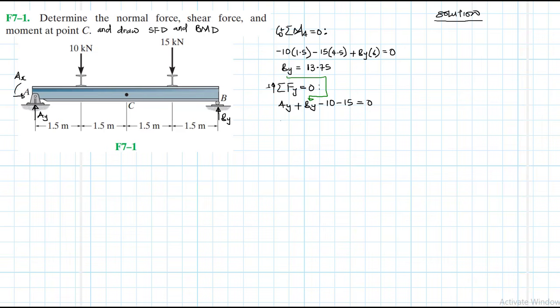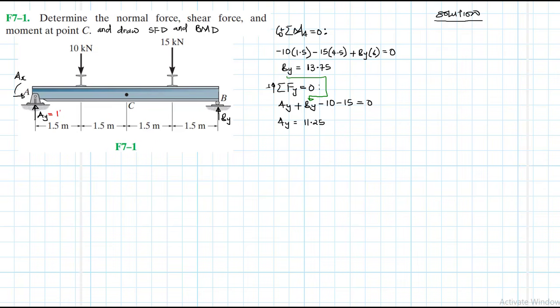And when we do so, we'll find that our AY is equal to 13.75 minus 10 minus 15. So AY is equal to 11.25.